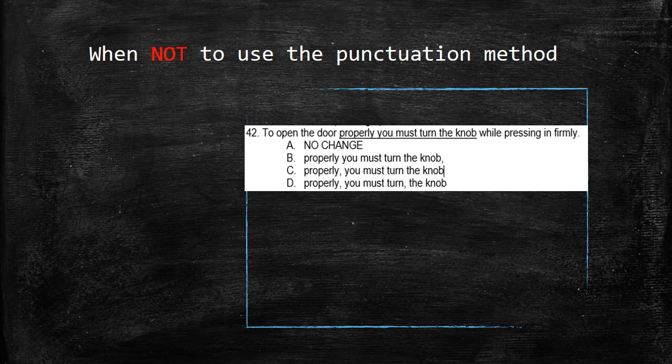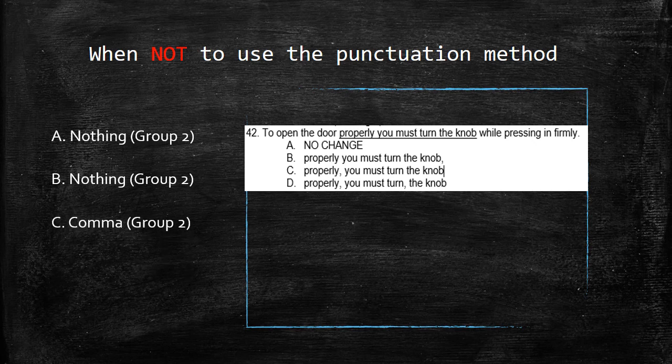So if I go ahead and I look through all of my answers here, then I'll see in answer choice A, I've got between properly and you again, I've got nothing there, right? So that's group 2. And in B, there's nothing, that's group 2. C, we have the comma there now, but this comes from group 2, and same thing with D, group 2.